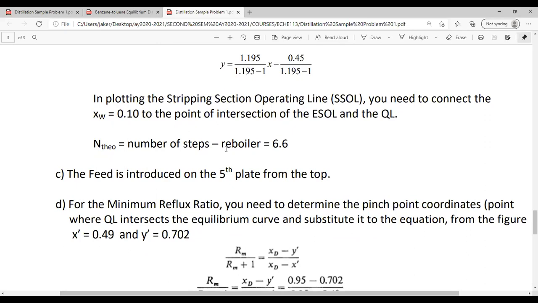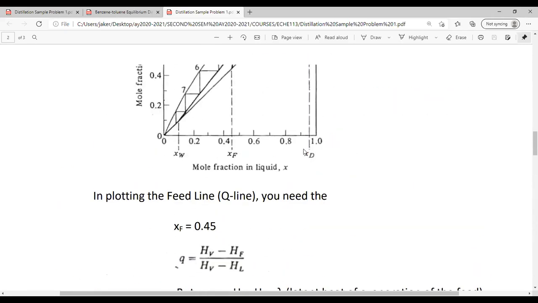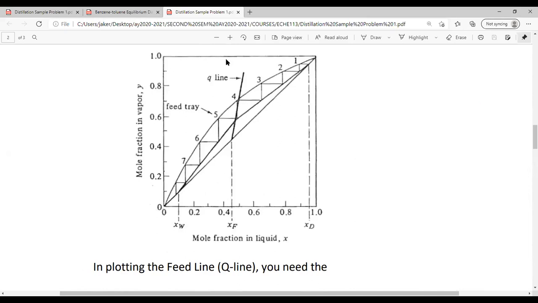So your number of steps minus the reboiler in this case is 6.6. The feed tray is introduced on the fifth plate of the column. Actually, this is the exact graphical solution of the problem using McCabe-Thiele.